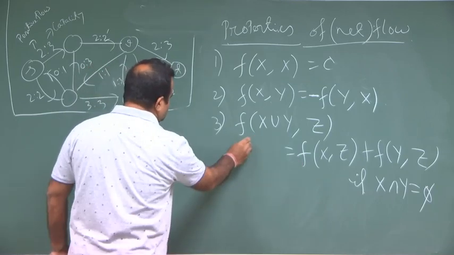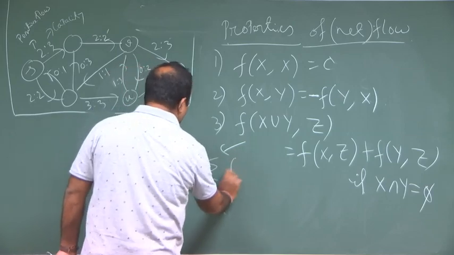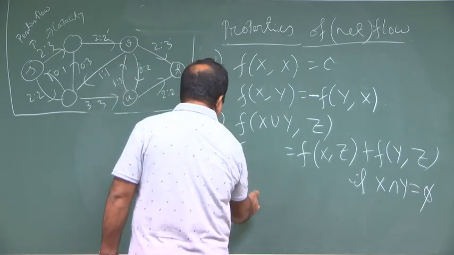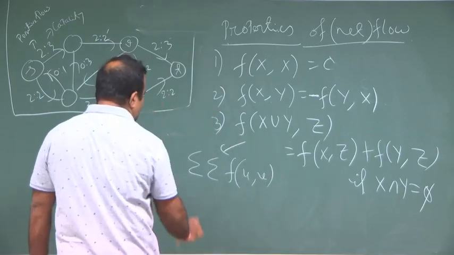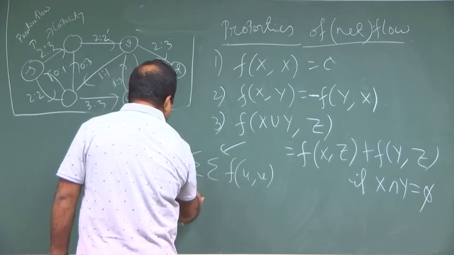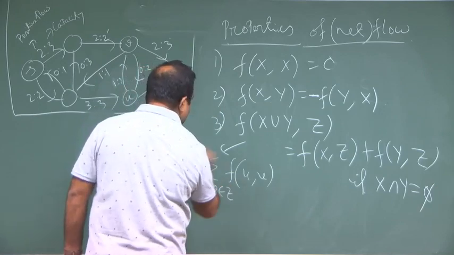This is the double summation of f of u comma v, where u belongs to x union y and v belongs to z.